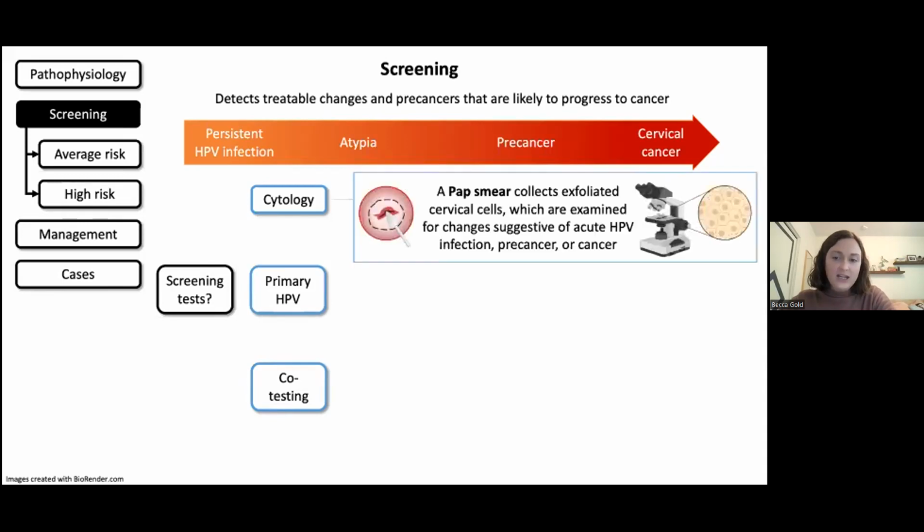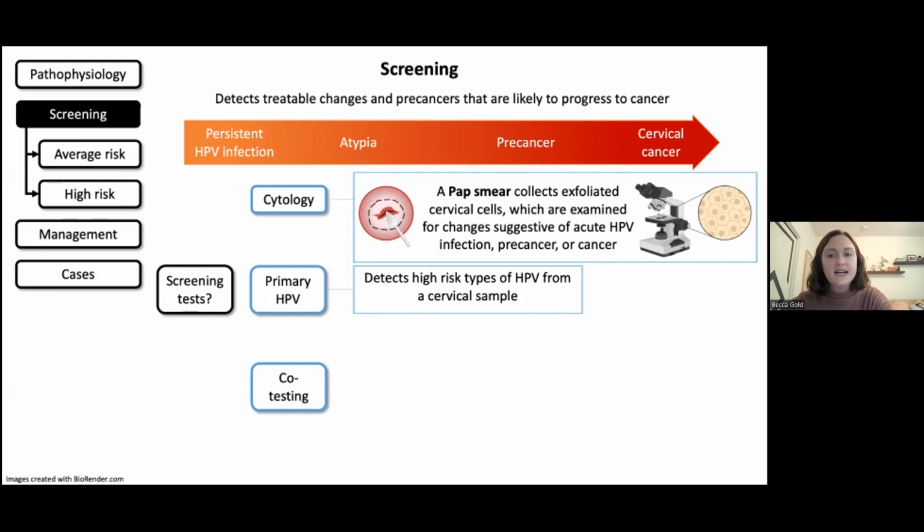So cytology, which we call the pap test or the pap smear, is when cervical cells are collected with a swab and then they're examined under a microscope for changes that are suggestive of acute HPV infection, precancer, or cancer. Primary HPV testing might be a bit newer to some of you. This is a test that detects the DNA of high-risk types of HPV in a sample that's taken from the cervix.